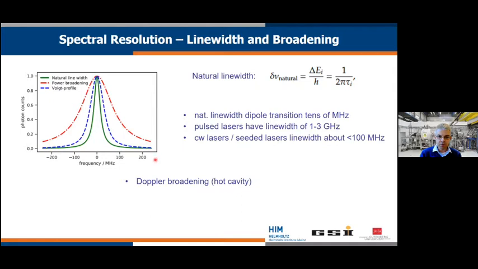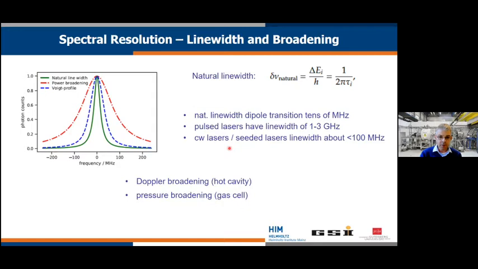This would normally lead to a Gaussian line shape and is very relevant if you have, for example, a hot cavity ion source where you naturally evaporate atoms at high temperature. The Doppler broadening can be compensated if you have a cooling mechanism, or a trick to somehow reduce the energy spread, as I will explain in a moment.